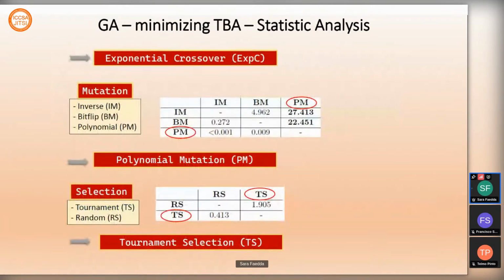Then, maintaining the exponential crossover, we tested the mutation operator, and we concluded that the polynomial mutation was the most suitable one, and then testing the selection operator, we concluded that the tournament selection was the most suitable selection operator.